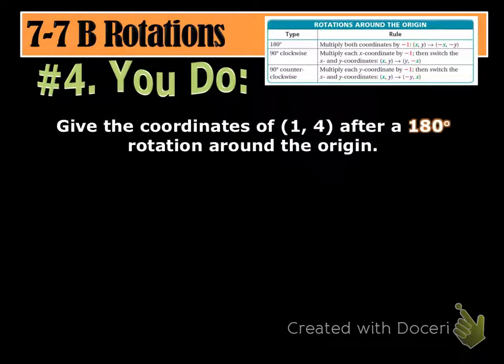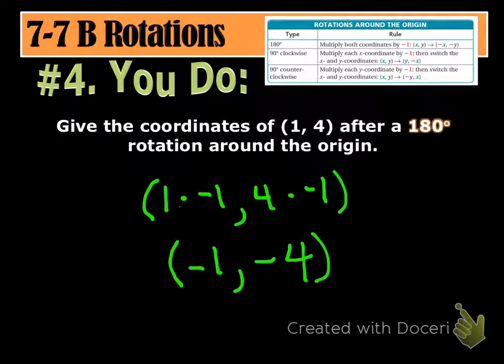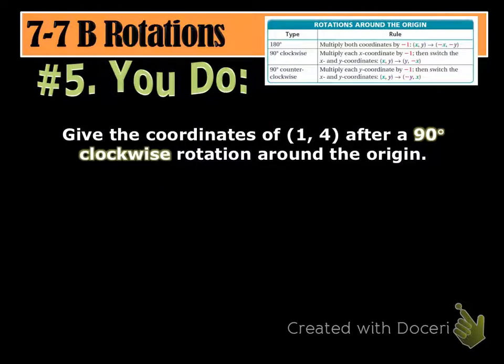Now with number 4 here, you can also do that with just a point. Remember your rule. Give the coordinate of 1, 4 after a 180 degree rotation around the origin. Pause the video and try this one on your own. You should have gotten the point -1, -4. Now let's look at number 5 here.